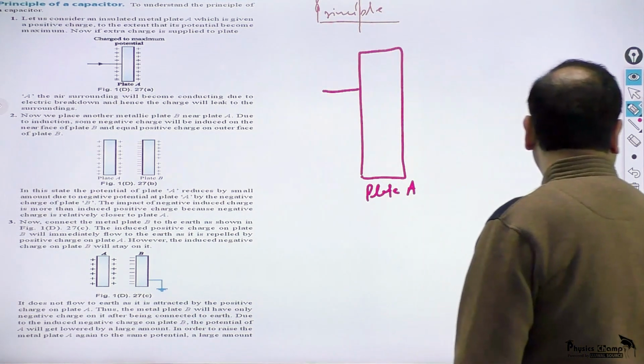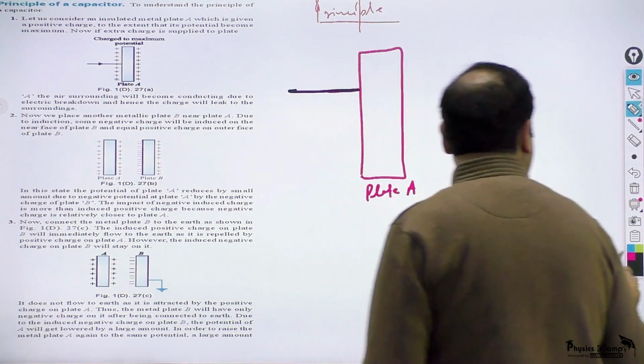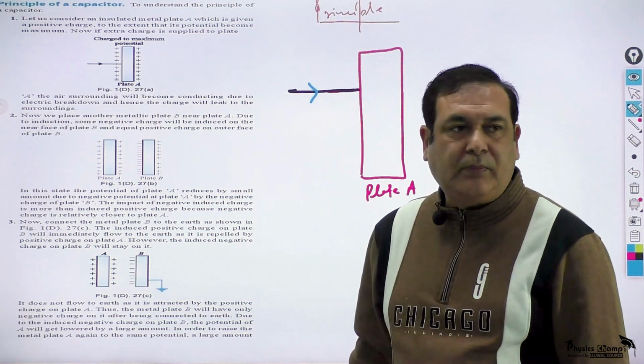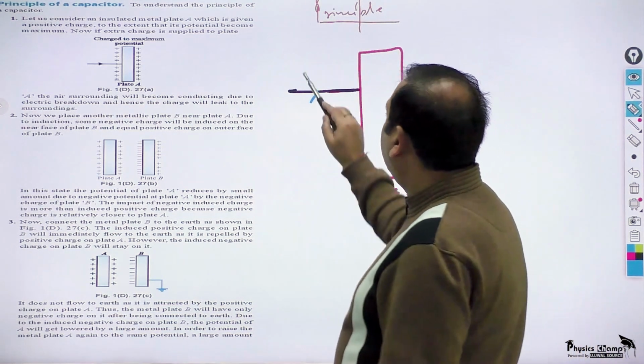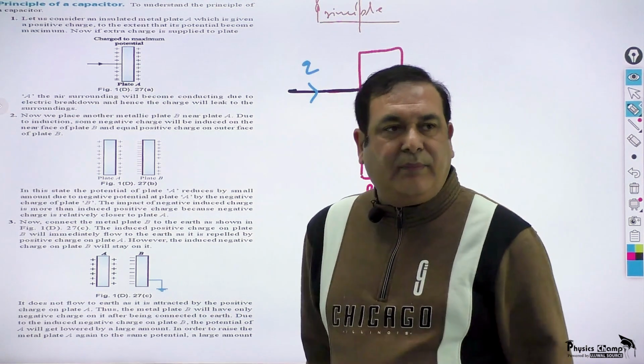And to this plate A, I want this plate to store the maximum amount of charge. So what we do is, to this plate A, we supply charge, maybe through a battery.